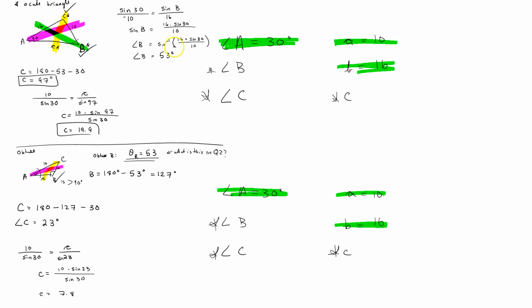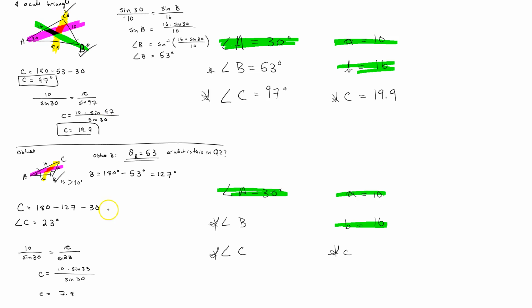So for angle B, we simply use sine law to find out that B is 53 degrees. We subtracted 30 plus 53 from 180 to get C, which was 97 degrees. And we used our sine law to find out what our length of C is, which was 19.9 units.